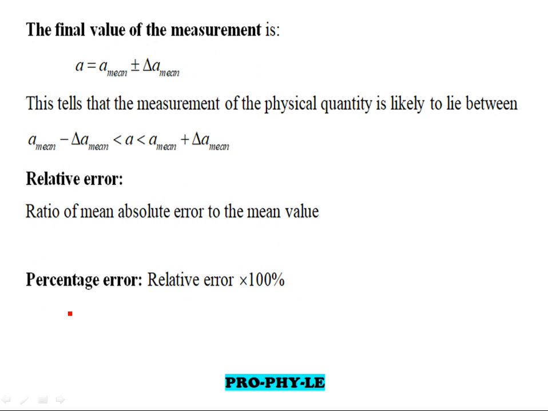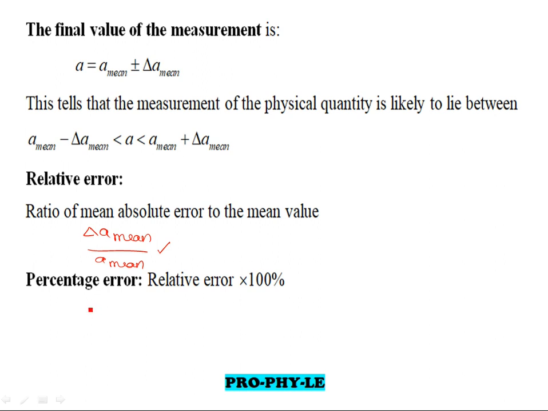Once I know this, definitely I can identify relative error. Relative error is the ratio of mean absolute error to the mean value. That means delta A mean to A mean gives relative error.